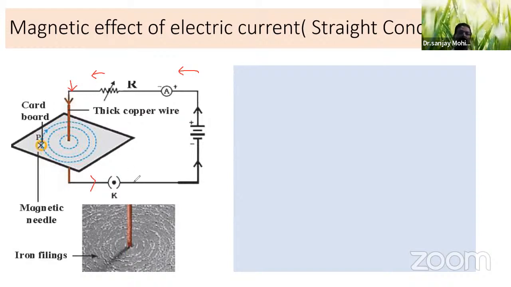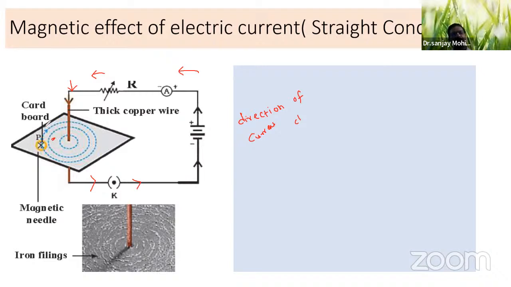And observe the diagram, we can easily identify and we can say that the direction of current is clockwise.